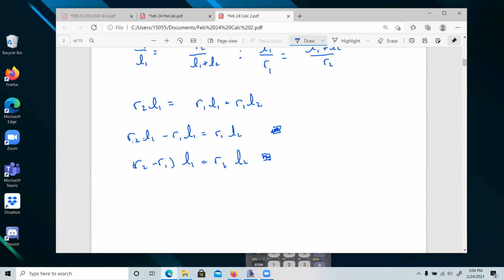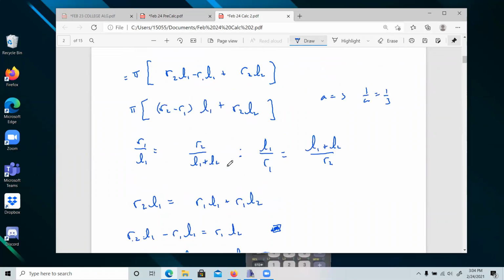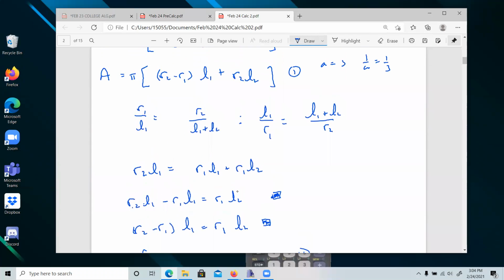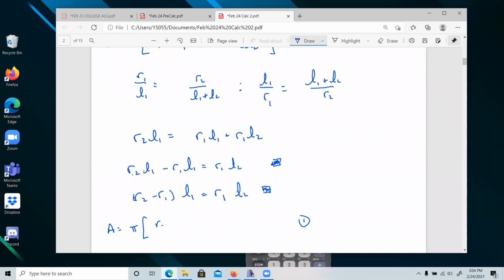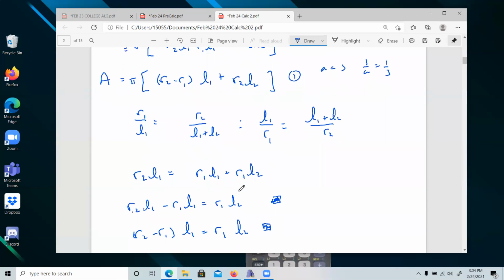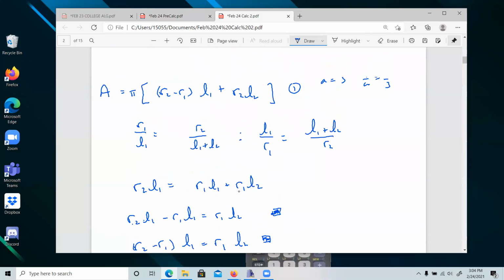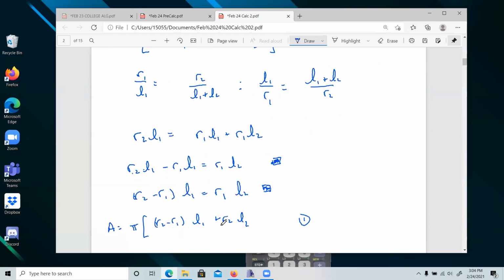Okay. So going back to my original area. So from before, we're going to remember that area was equal to pi. And what did I have here? I had R2 minus R1, L1 plus R2, excuse me, L2. Okay.